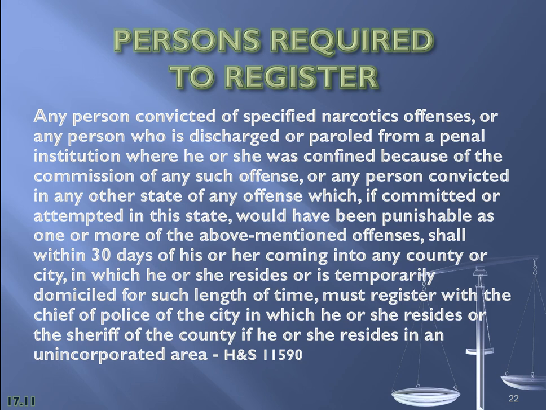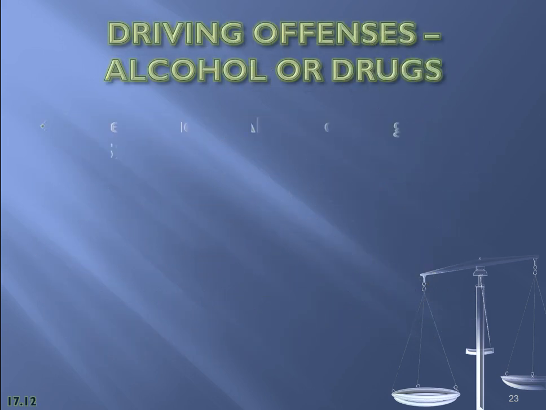So just like arson, you would have to register as an arson registrant. You could be a gang registrant. You could be a sex registrant. And of course, you can also be a narcotics registrant.